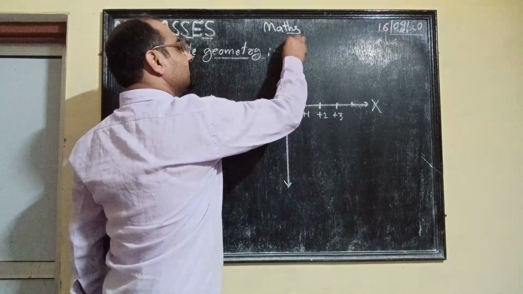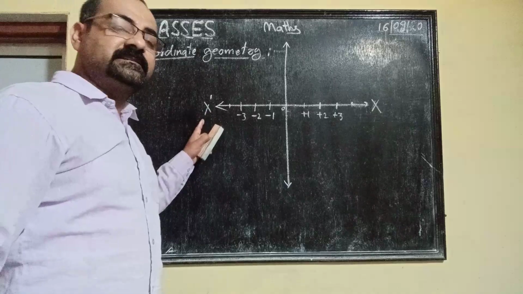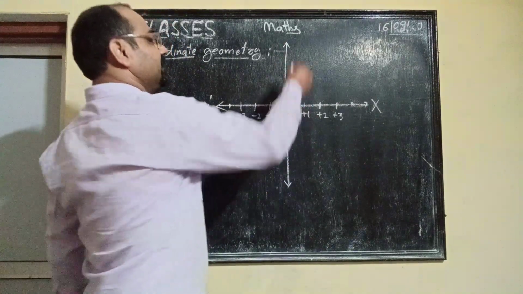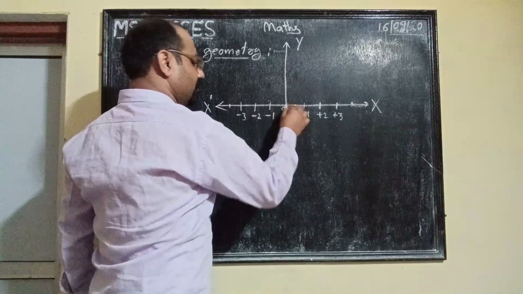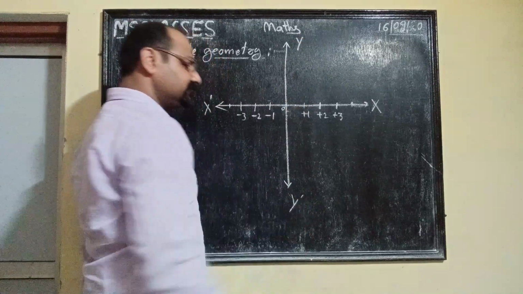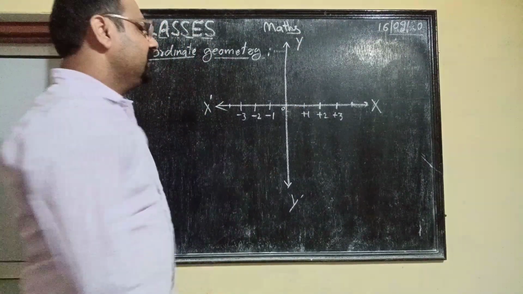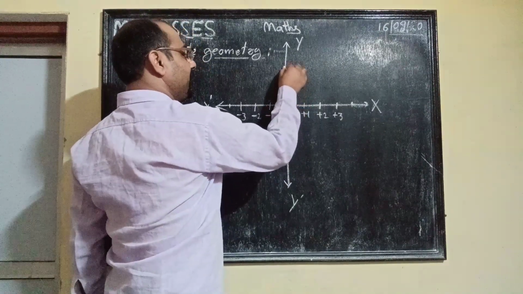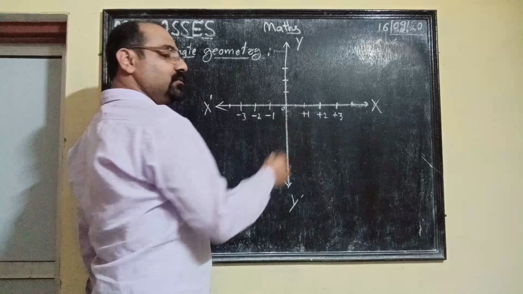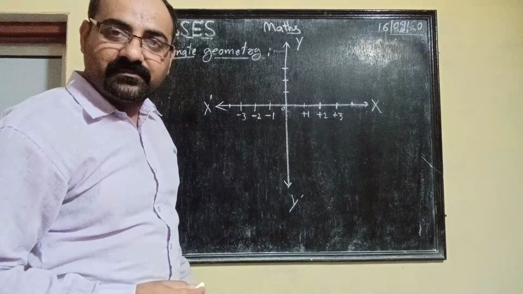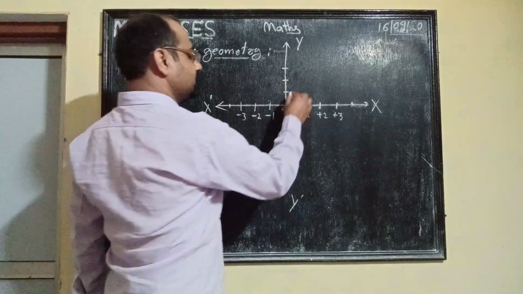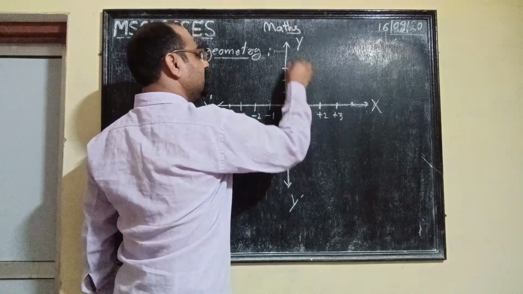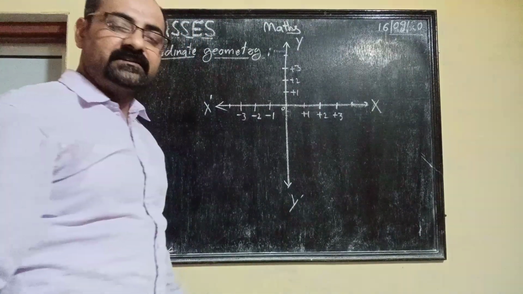And similarly, as X dash OX we have another line. This line is Y dash, and again this number line has, to the top side, every number at equidistance, and these numbers will be positive. So this is +1, +2, +3, +4 and so on.